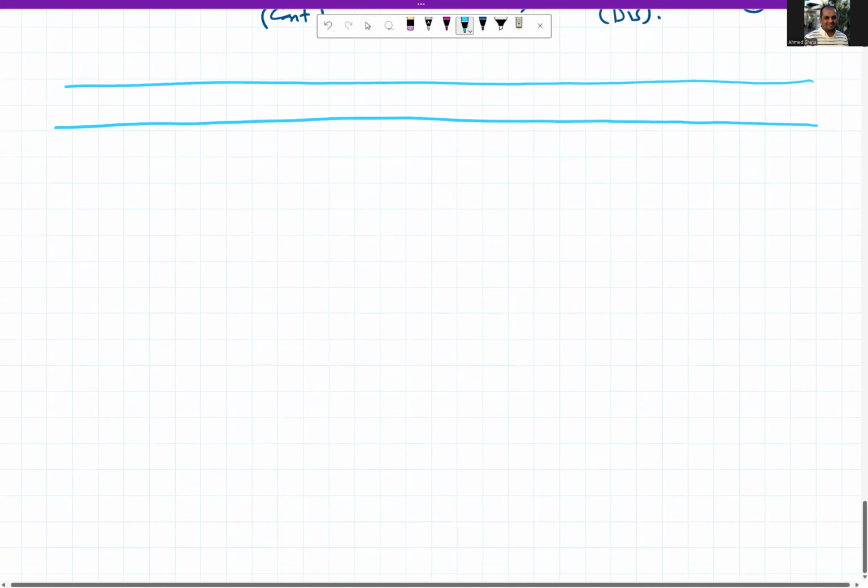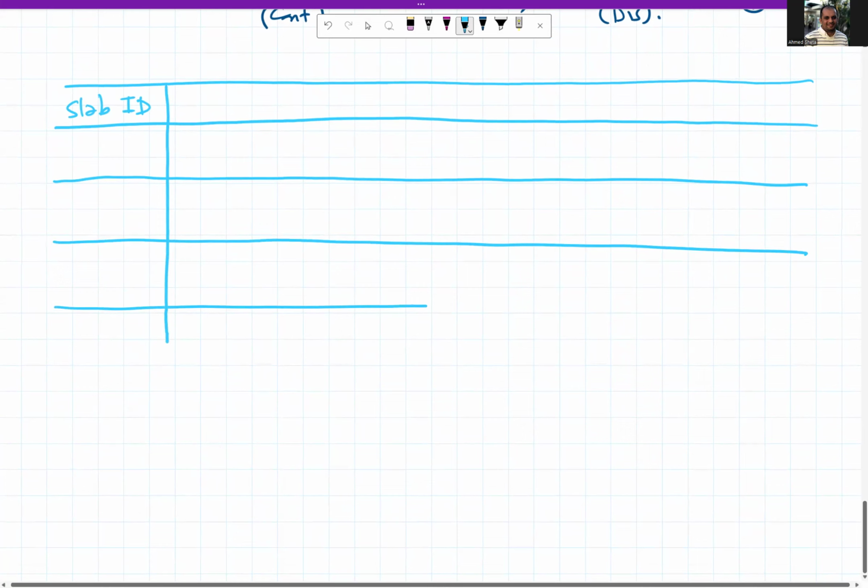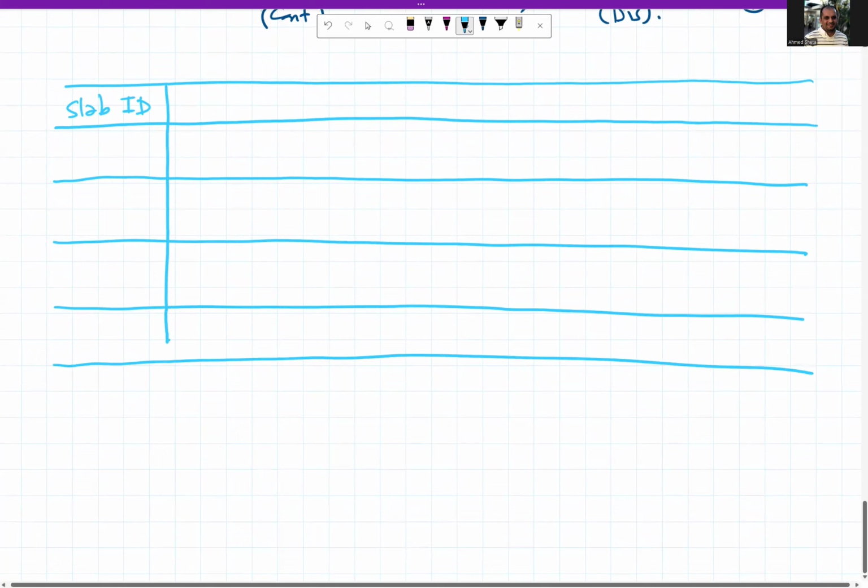So again, we have slab ID, and we have four types of slabs, and then the edge condition.